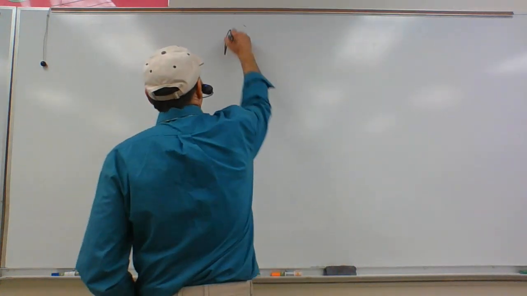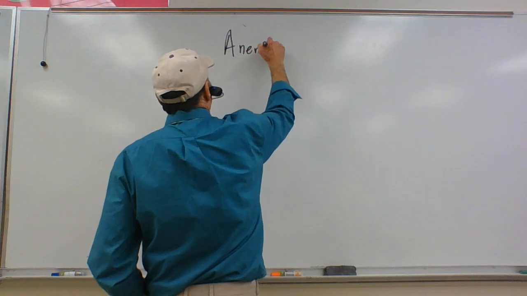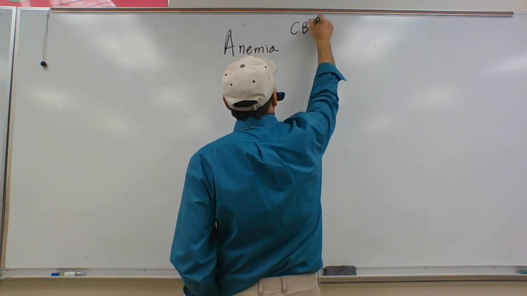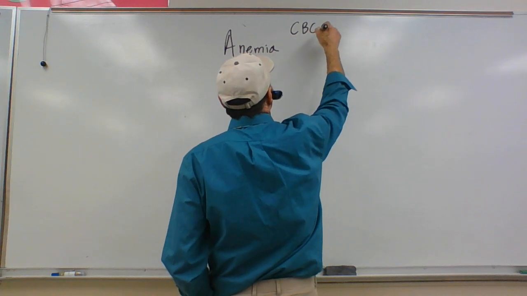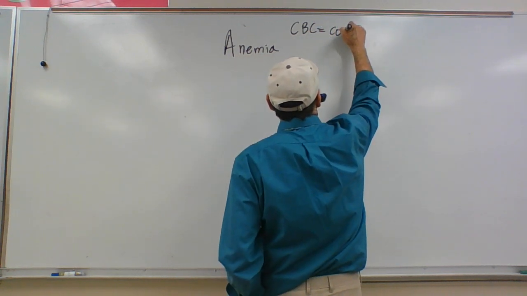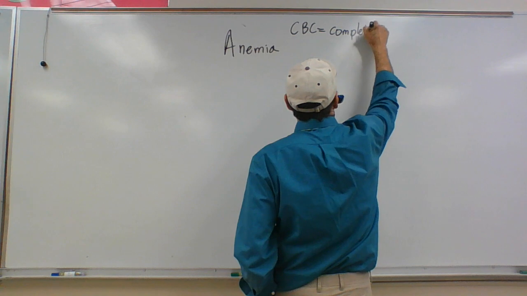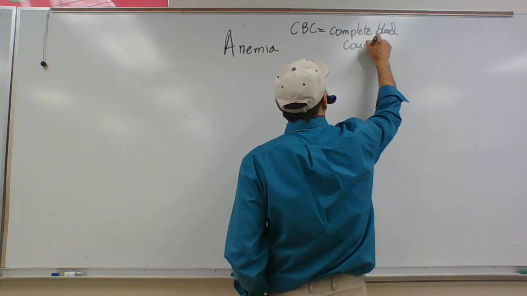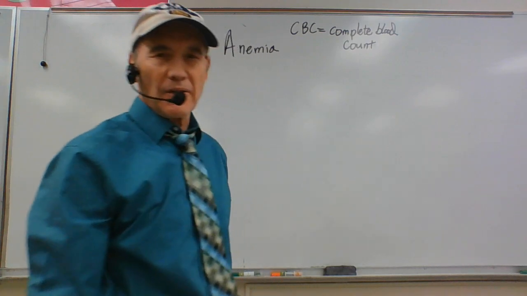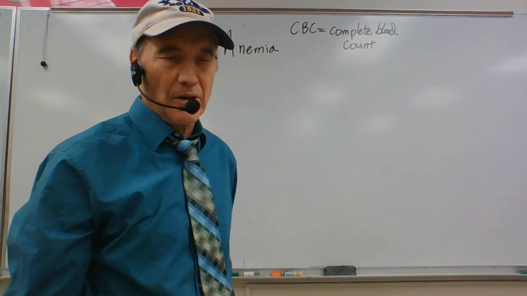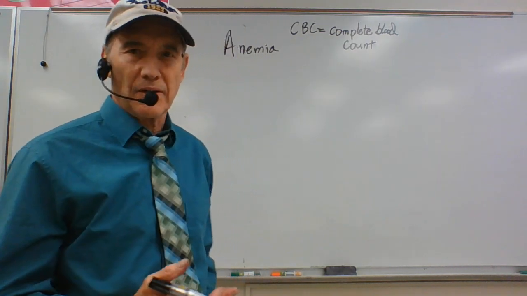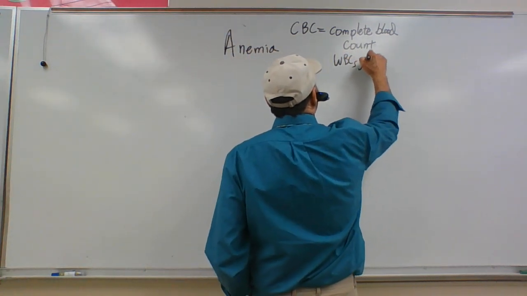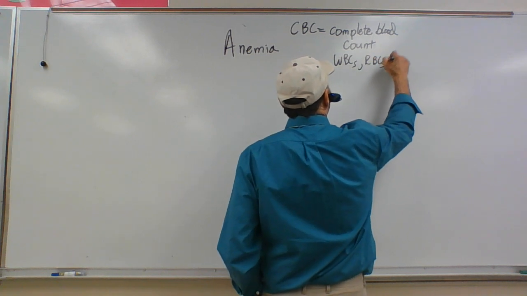In your CBC, your complete blood count, that's your formed elements. It's not your enzymes and things, that's your formed elements. That's your white blood cells, red blood cells, platelets.